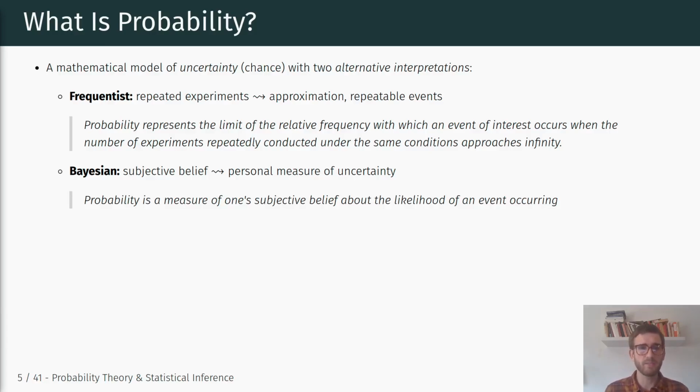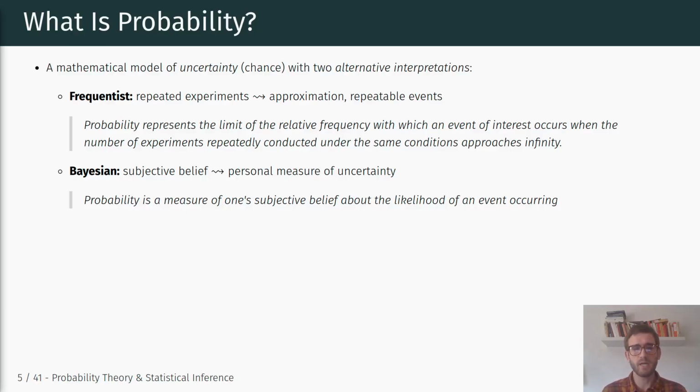In other words, probability is a measure of one's subjective belief about the likelihood of an event occurring, okay? And so it doesn't require this idea of repeatable experiments, but rather focuses on people's or the researchers' subjective belief about an event occurring and quantifying that belief, okay?